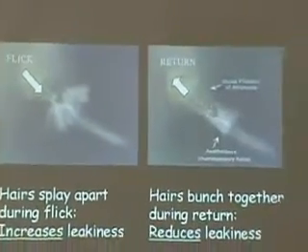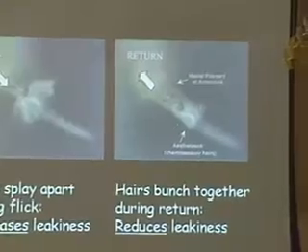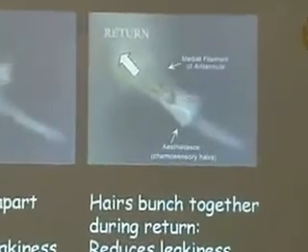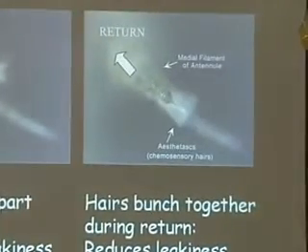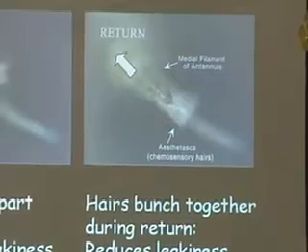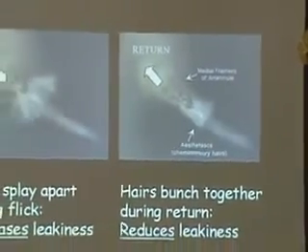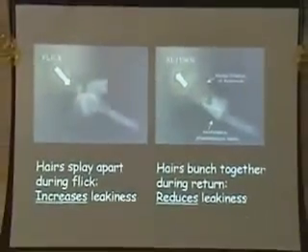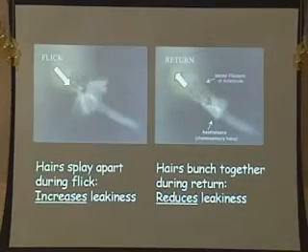And when it flicks, you can see that the hairs splay apart and the gaps between them become bigger, so leakiness increases. During the return stroke, when the antennule moves back this way, you can see that the hairs, which are flexible, collapse back together again and are much closer spaced.